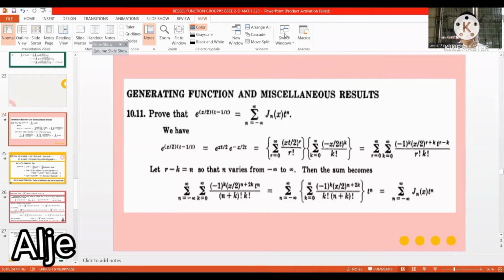This is the continuation of the Bessel functions, the generating functions, and miscellaneous results. The problem 10.11 proved that e raised to z over 2, quantity t minus 1 over t, is equal to the summation of n equals negative infinity to positive infinity of J_n(z) t^n.